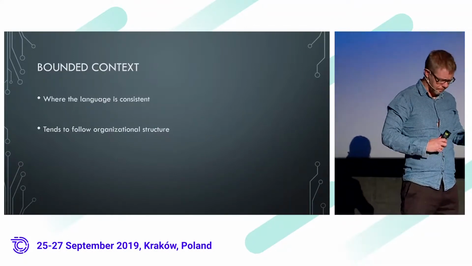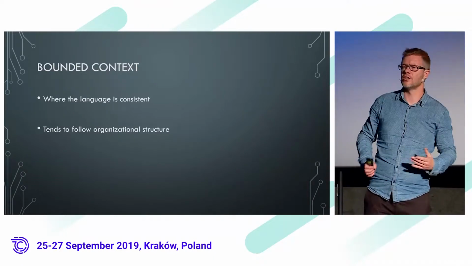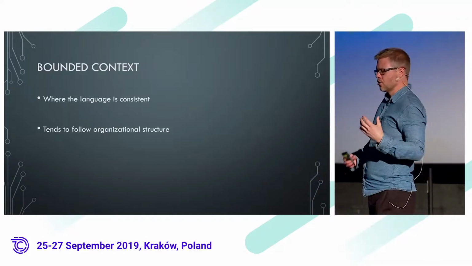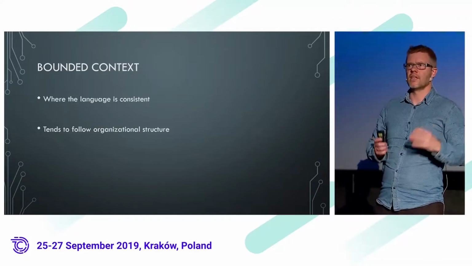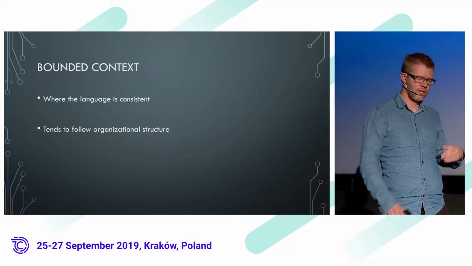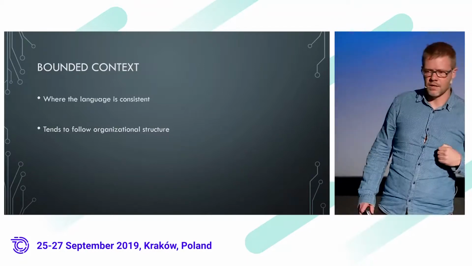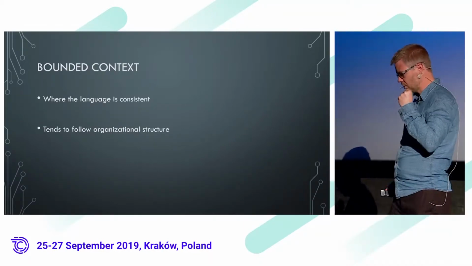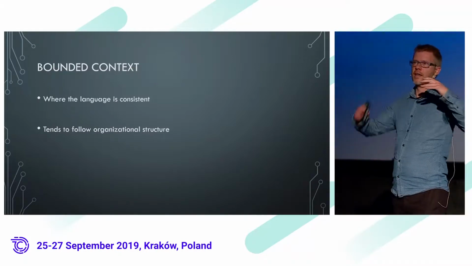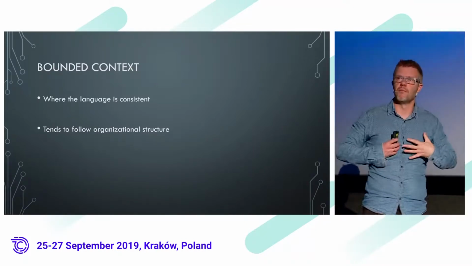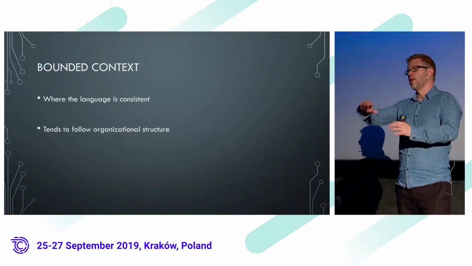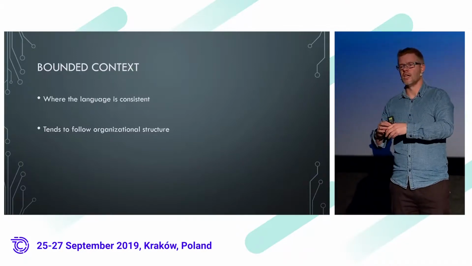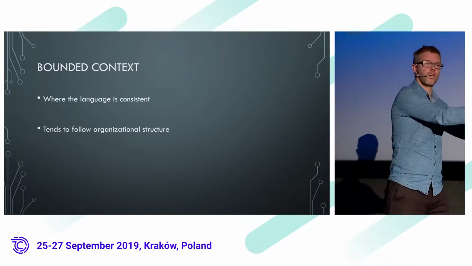So in many systems and many organizations, words can mean more than one thing depending on where we look at it. So a customer can be different things in different parts of an organization. There might be a sales department, and for them, maybe a customer is an organization that buys something from our organization, and originally maybe the customer was a lead, and then at some point we signed a contract with them and they turned into a customer.